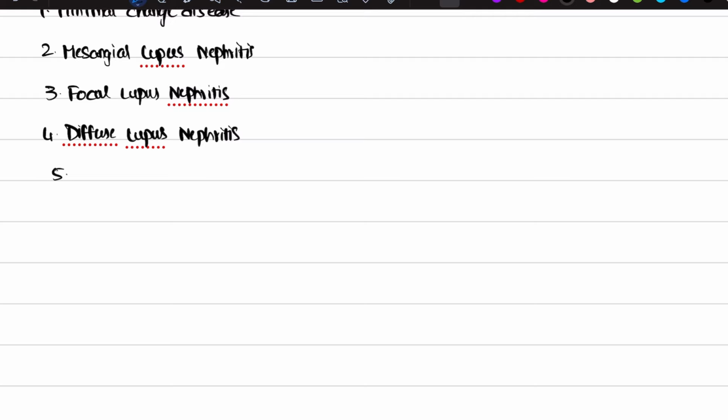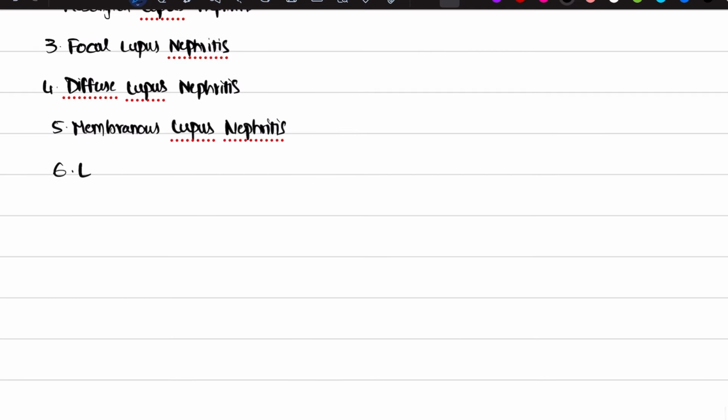And the fifth one is membranous lupus nephritis. And the sixth one is lupus sclerosing nephritis.